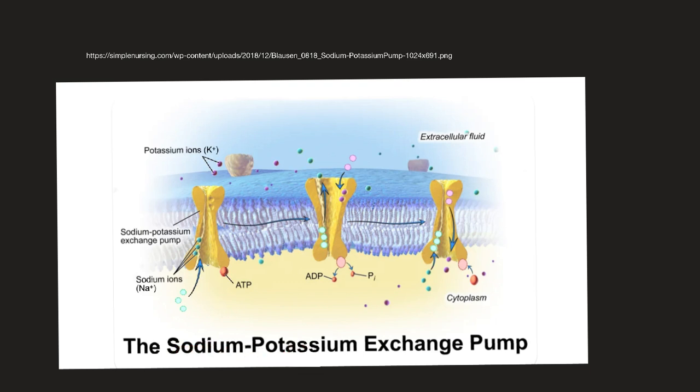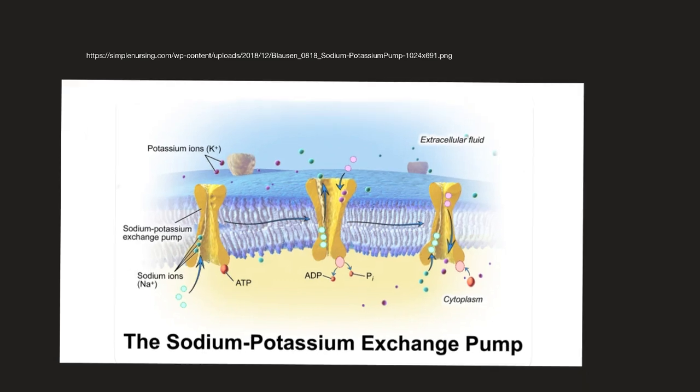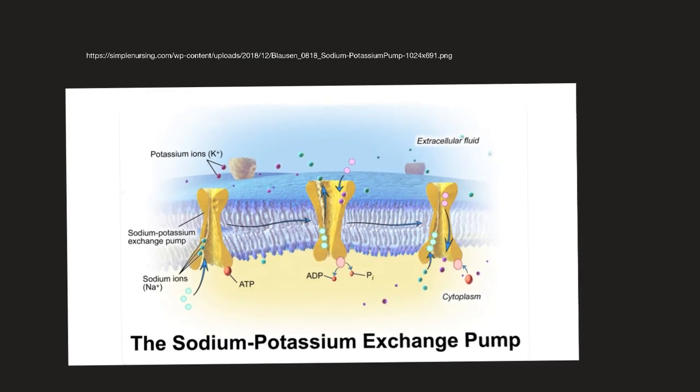Sodium-potassium exchange pump. You'll find this example and this explanation on this website. It's a nursing website. I just want you to see how important this is. This is in nursing and dentistry and medical school. Any biologist, anybody intent on understanding any living cell needs to understand the sodium-potassium exchange pump.